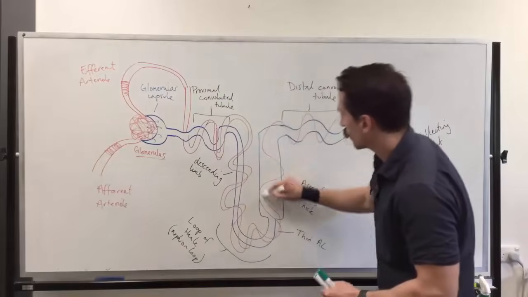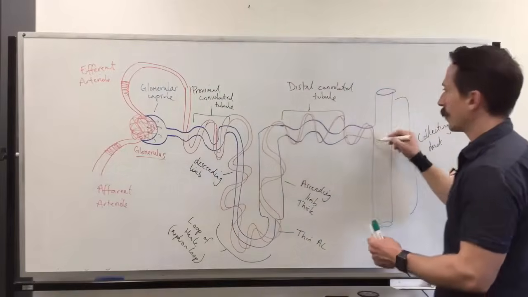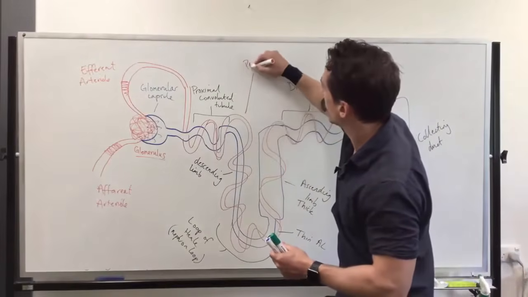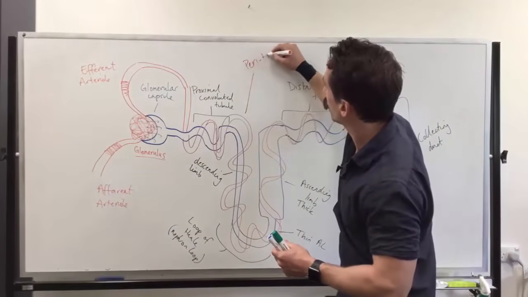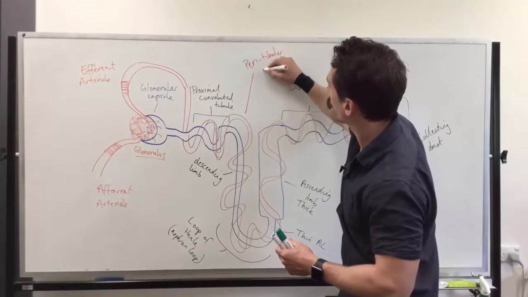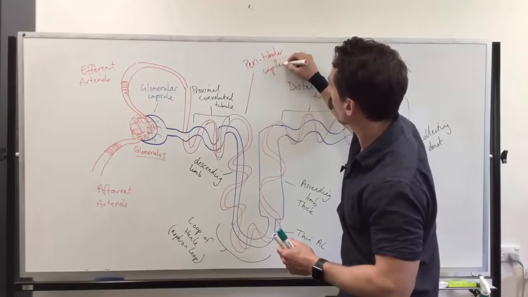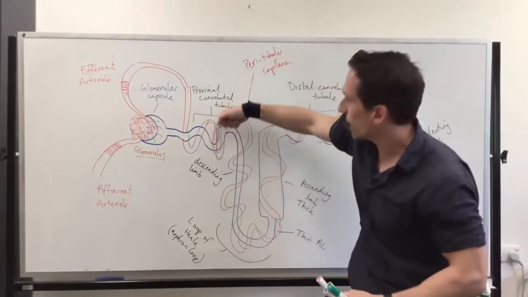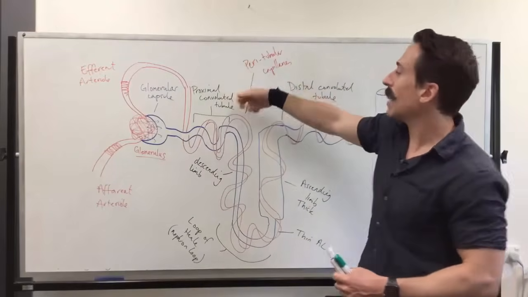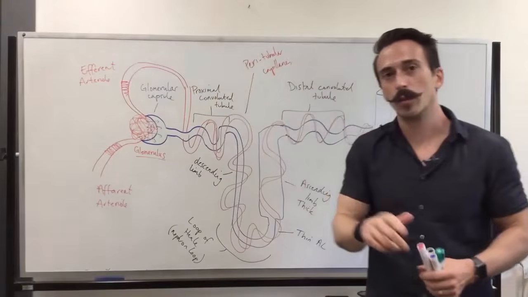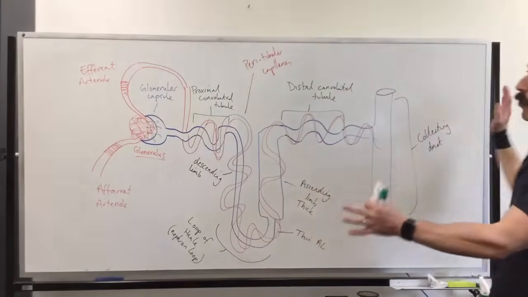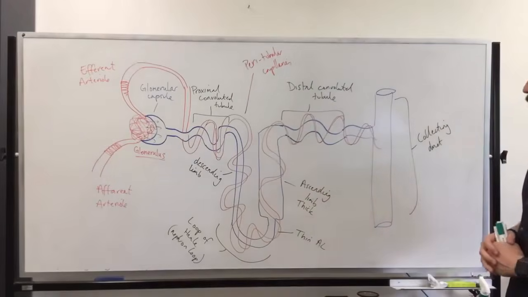Because they wrap themselves around the nephron, they're called peritubular capillaries. And peritubular capillaries will reabsorb some contents from the tubules and they'll throw contents back into the tubules, but that's for another discussion. So what we've got here is a quick run through of all the different components of a nephron.